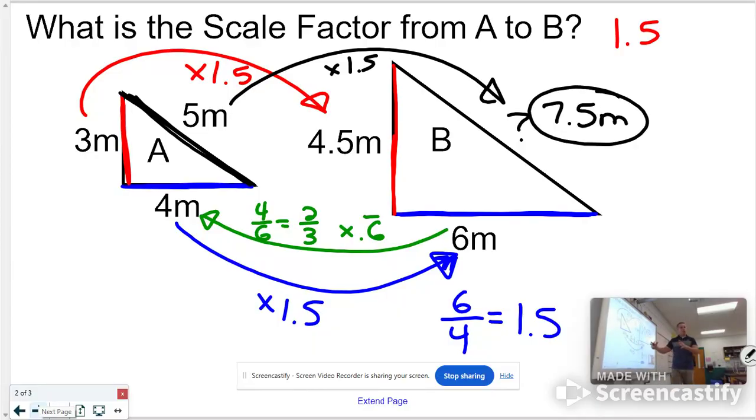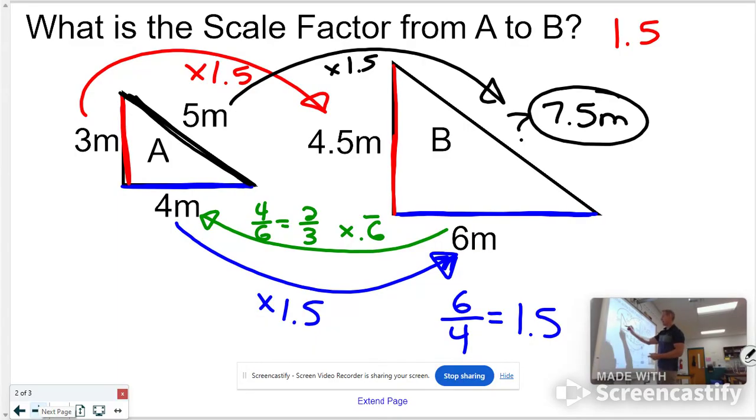Now, we also have the relationships that held true like it did on the previous slide, where if the scale factor is 1.5, all the side lengths are 1.5 times the original, and the perimeter is going to be 1.5 times the original. The angles are not going to be 1.5 times the original. The angles still need to add up to 180 degrees for a triangle, and corresponding angles would be the same as what they were on the original one.